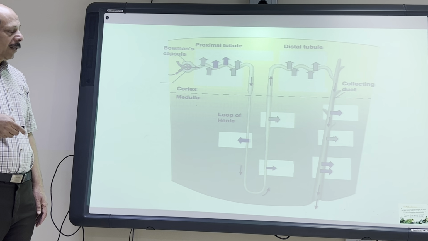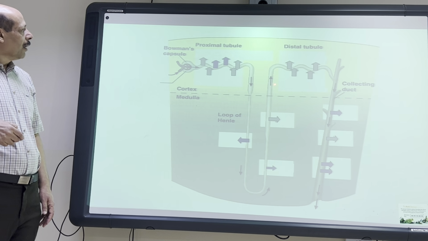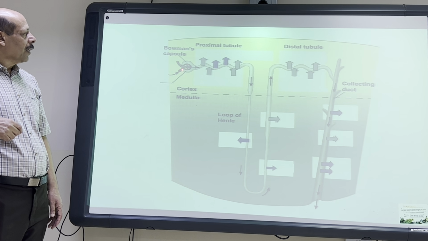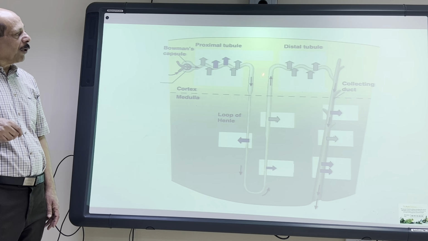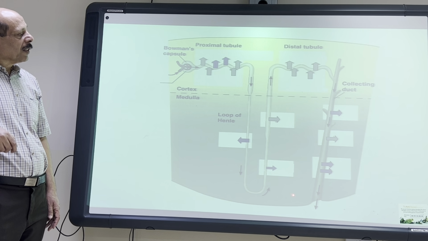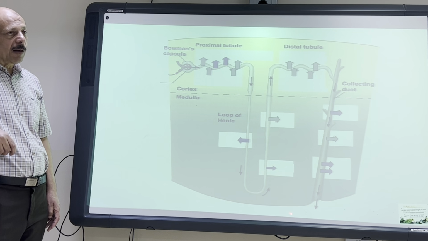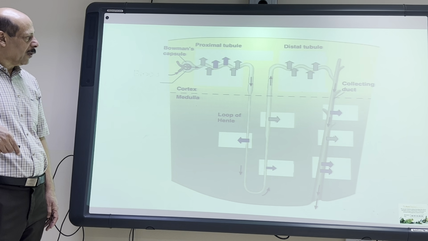So this is the Bowman's capsule here, where filtration occurs, then reabsorption, and here also in the loop of Henle there is some reabsorption. It will go then to the collecting tubules and then to the renal pelvis and to the ureter.